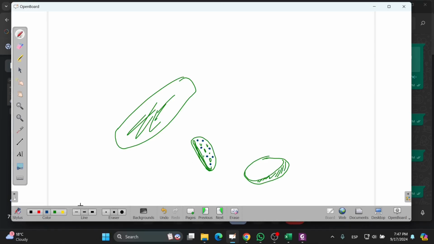Just sprinkle some table salt granules, grains, on the cucumber. You will see very quickly water forming around. It's kind of like the cucumber slice starts sweating, right? You know why that is?